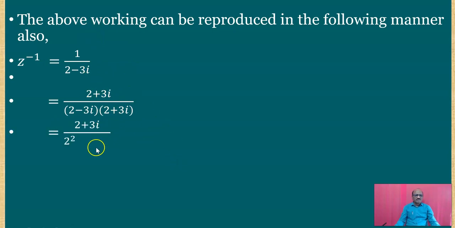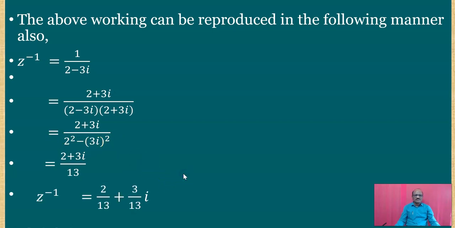Then you will get 2 plus 3i upon 2 square minus (3i) square, that is 2 square, and next 3i square means 9i square, but i square is minus 1, and minus and minus will become plus, 9 plus 4, that is 13. Therefore, z raised to minus 1 is equal to 2 upon 13 plus 3 upon 13 i.